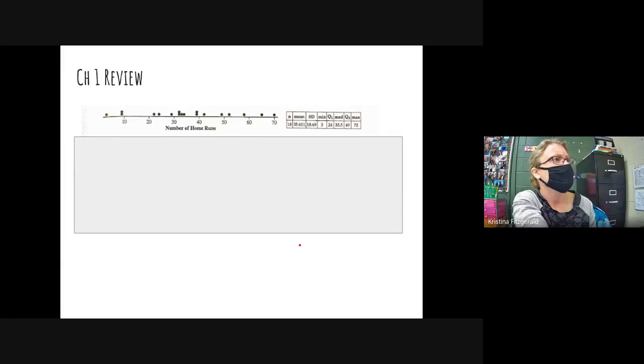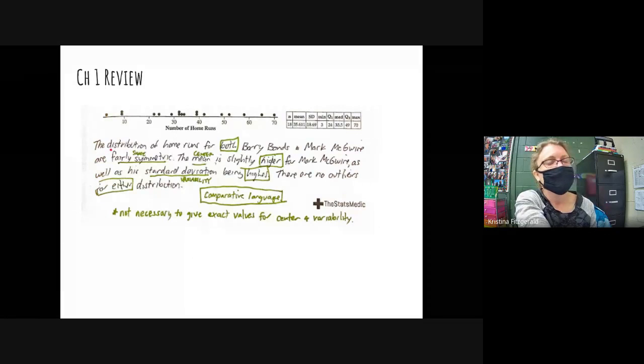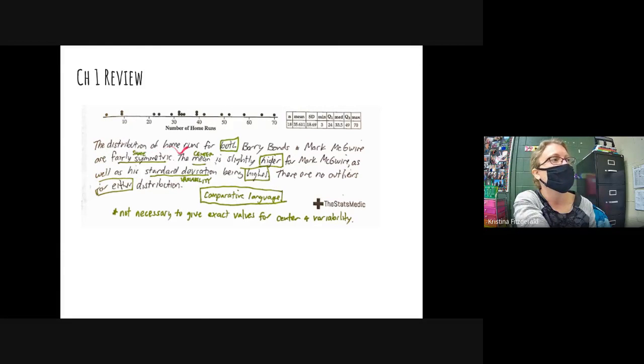Then what we looked at is Mark McGwire's data, which again looks roughly symmetric. And we do have a value of 70 here. And we have some of the summary stats. If I was going to compare the two players, we would want to look again for context, so the number of home runs. And we're comparing them.